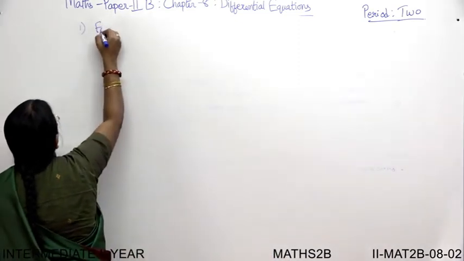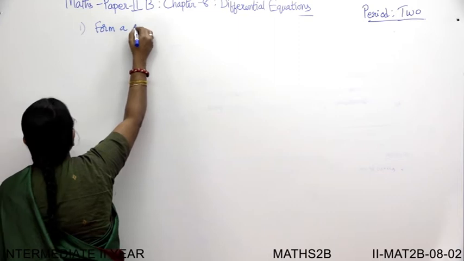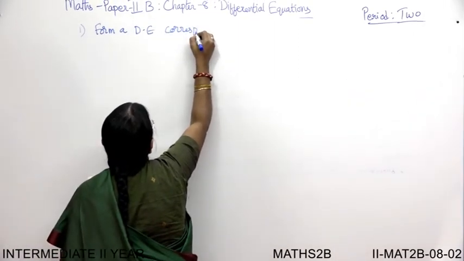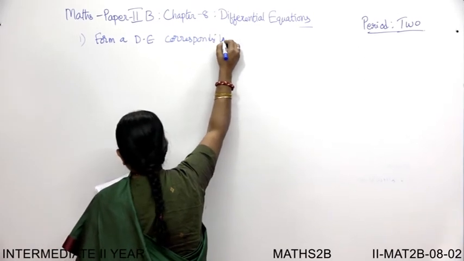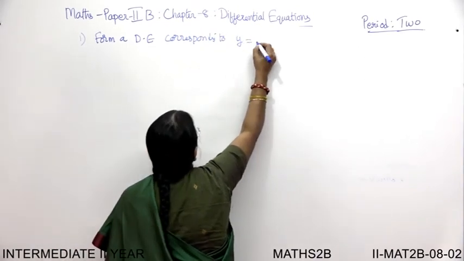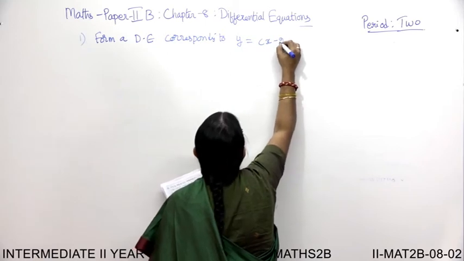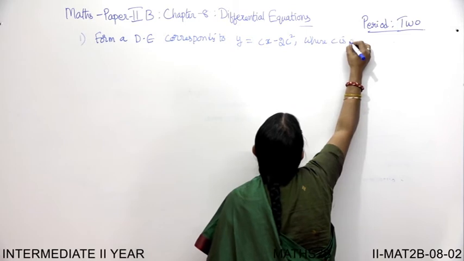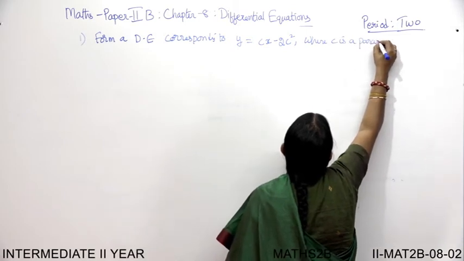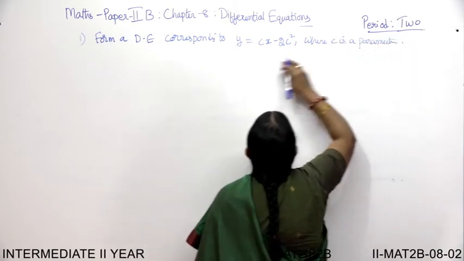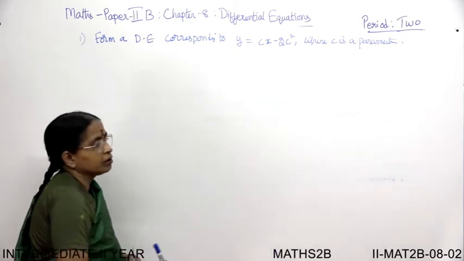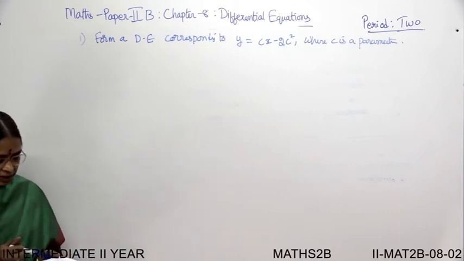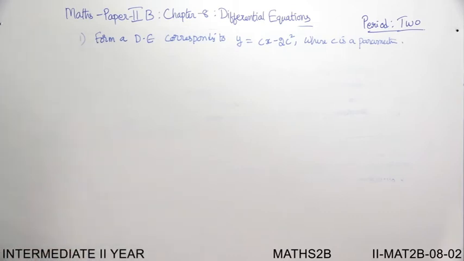Form a differential equation corresponding to y is equal to cx minus 2c square, where c is a parameter. That means only c is the arbitrary constant here. Form a differential equation for which this is the solution.